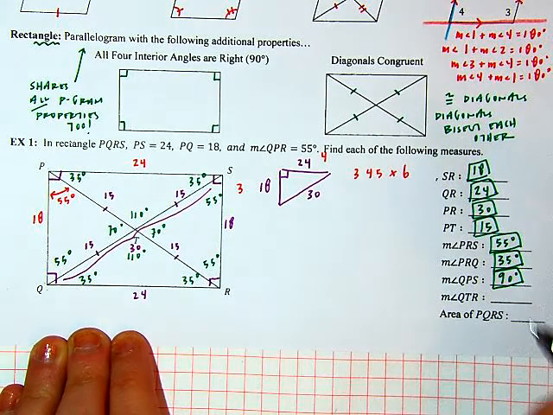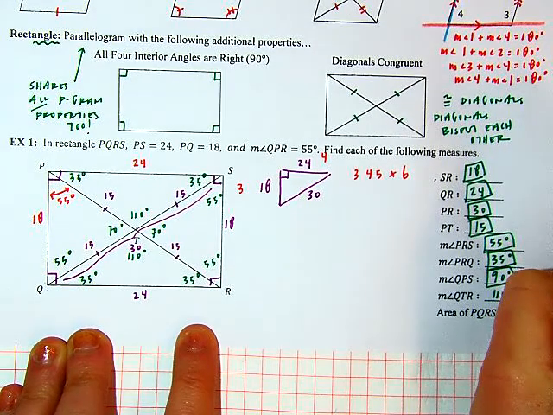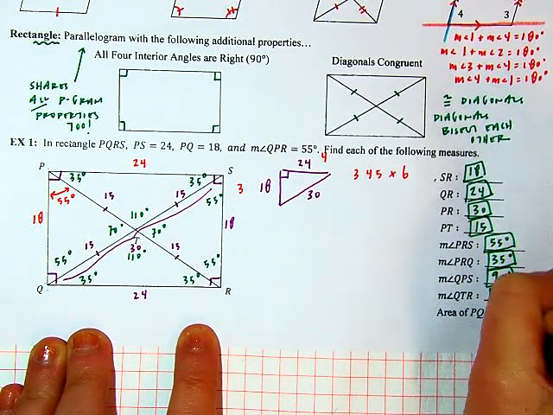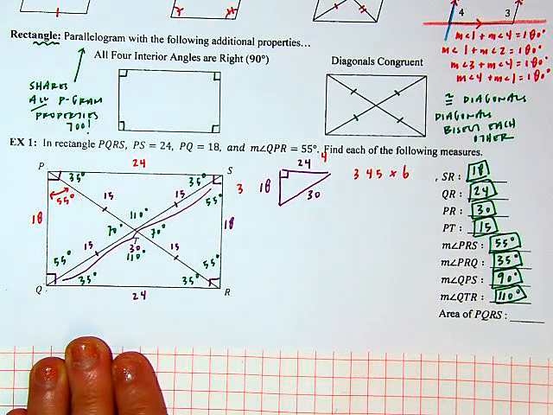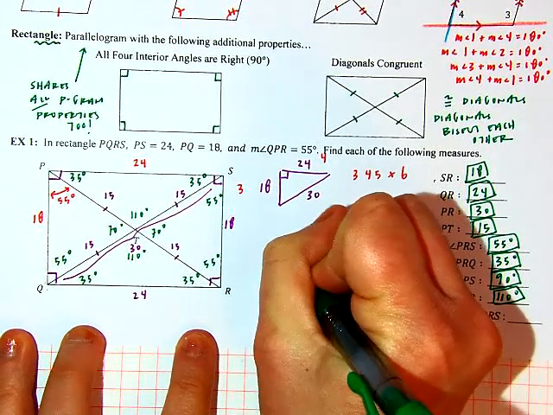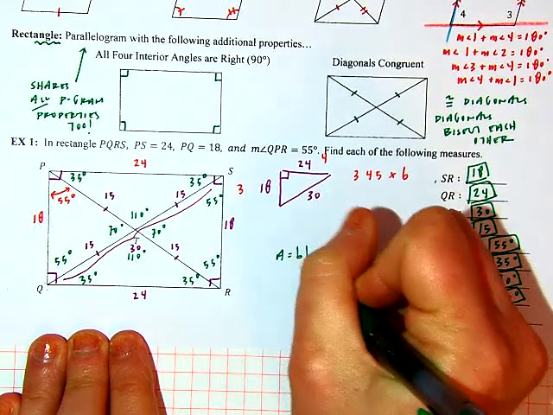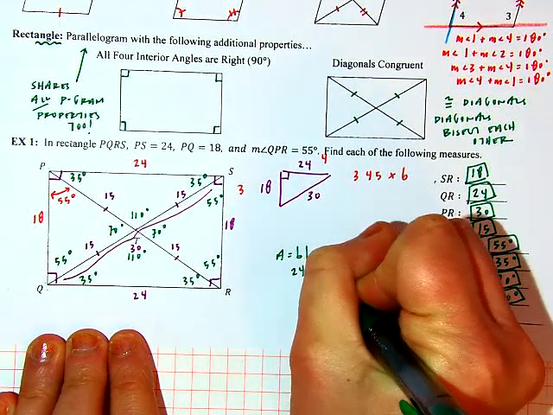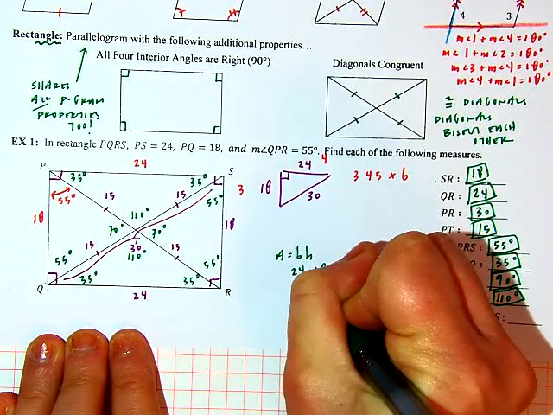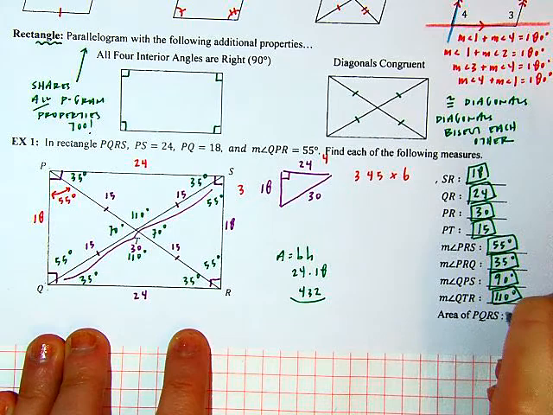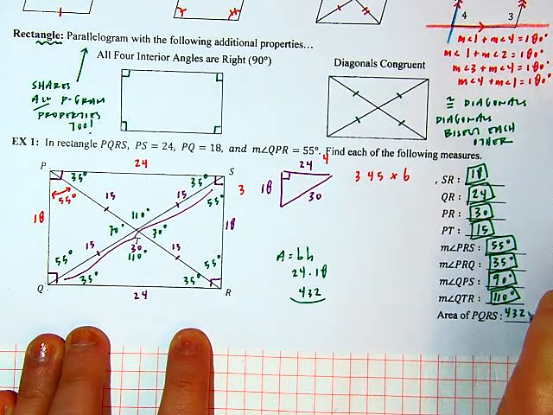QTR right there is 110. Okay, and then I'm asking for the area. So I know that area is pretty simple, just base times height. So I'm looking at what is 24 times 18, and I should get 432. Units are squared.